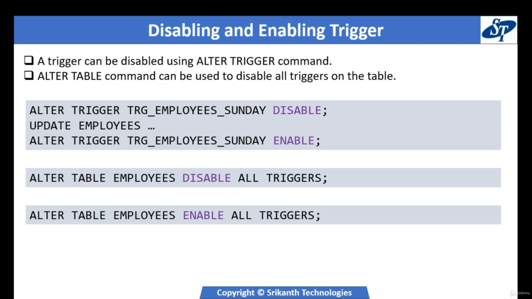And if you want a single trigger to be disabled, just give the trigger name, disable it, perform whatever operations you want to perform, and again you can re-enable the trigger. Of course, you have to be the owner of the trigger to do that, not somebody else. So this is how you can disable and enable triggers depending on your requirement.